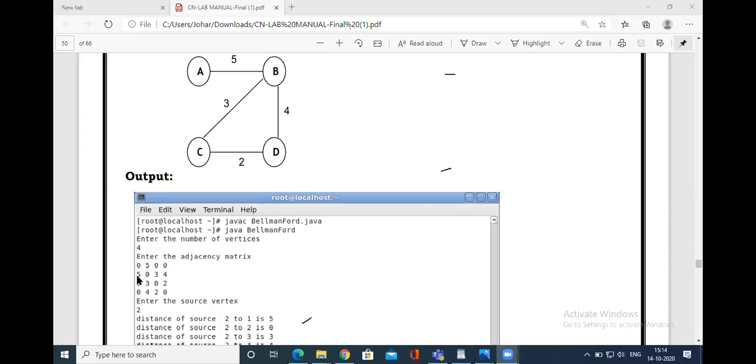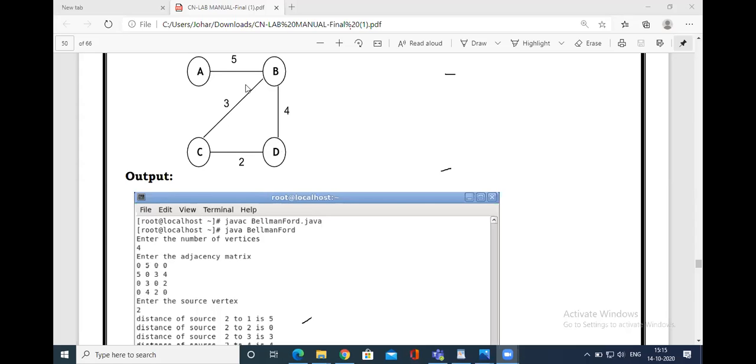Again the cost matrix, adjacency matrix. See the output table, all of you. B to A it is 5, B to B itself is 0, B to C is 3, B to D is 4. Similarly, C to A is 0, right?